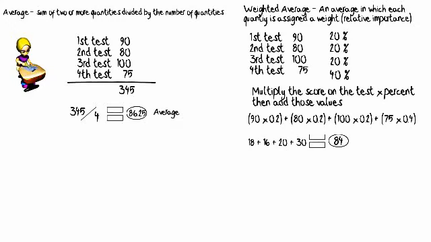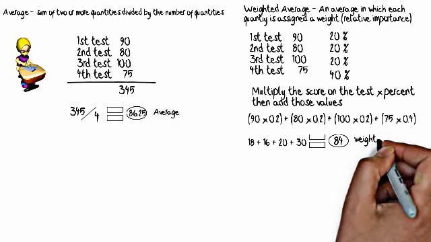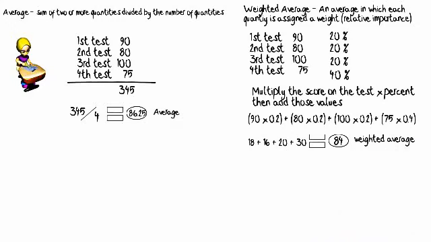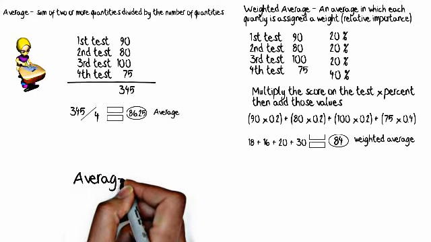That's a weighted average. It's lower than the normal average because the last test was worth more and you scored the lowest on that one. So a weighted average takes into account the percentage or the importance of that individual component.